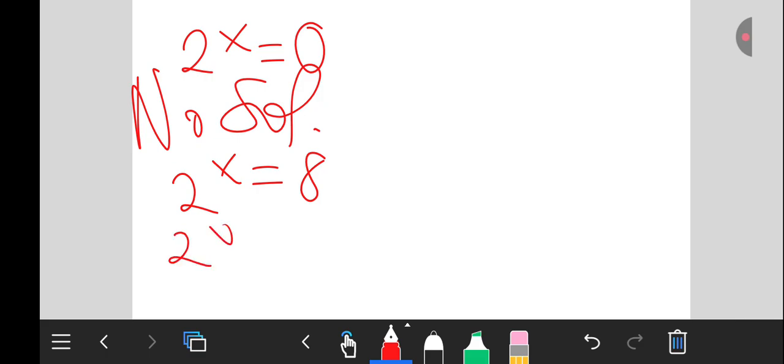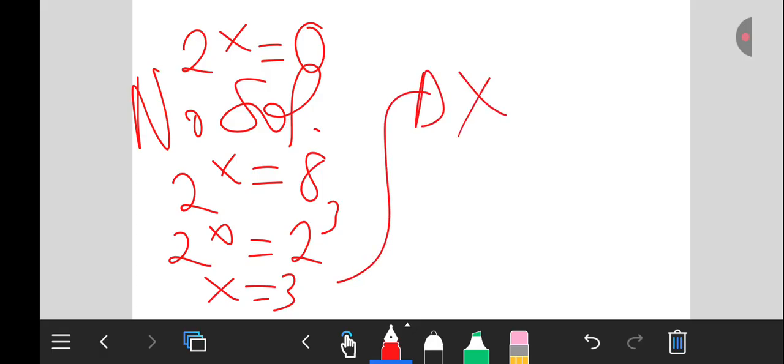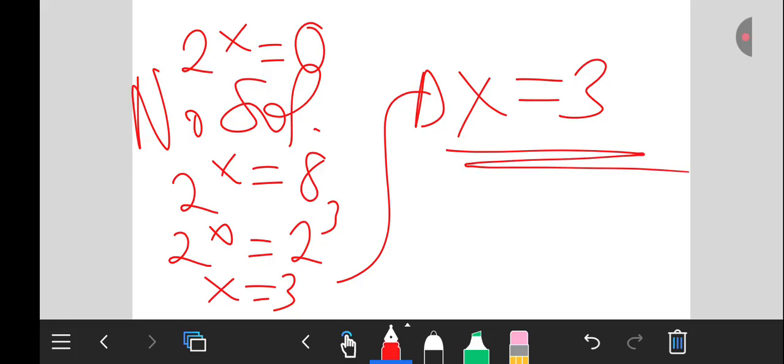So I'm going to say 2 to the power x is equal to, you can write 8 as 2 to the power 3. Since the bases are the same, so should the power. So x is equal to 3. So we have x is equal to 3 as the solution. So this is how you solve this question.